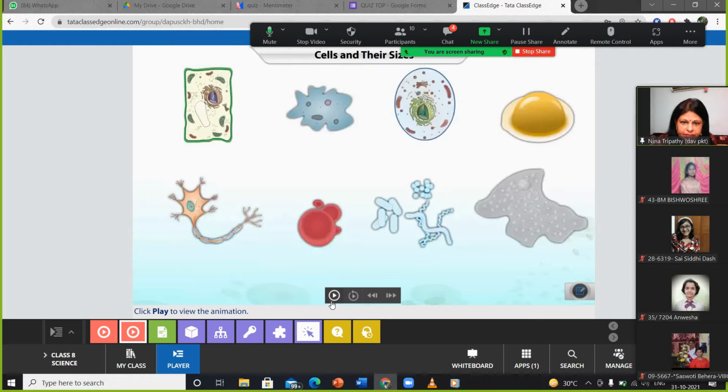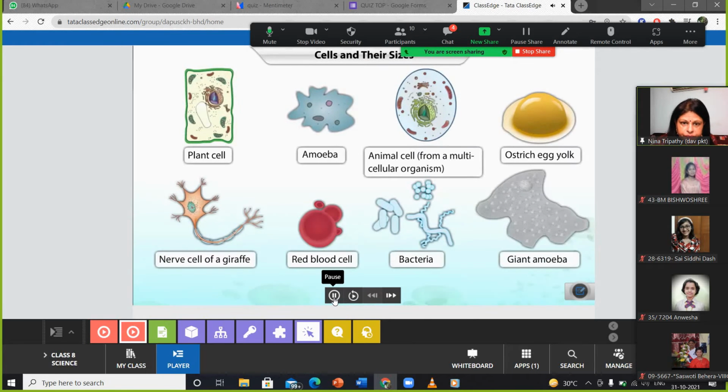There are different sizes. Now you see this one. Cells can be of different sizes. Most are quite tiny, smaller than a millimeter in size, and cannot be seen with the naked eye. So which cells can be seen with the naked eye?